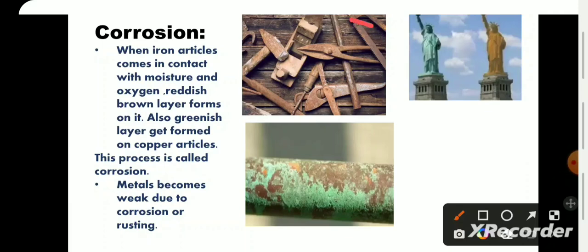You may see in the image that all the iron particles undergo rusting. It is also called corrosion. You may have seen your gardening tools as well as railway tracks, and whatever iron articles you have at home, such as your window grills, undergo corrosion.